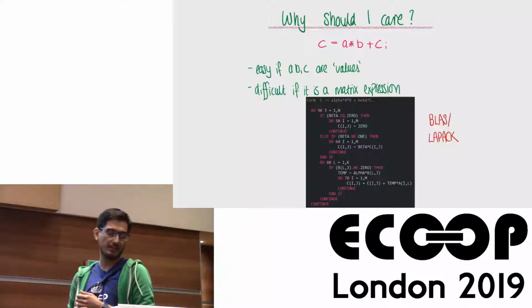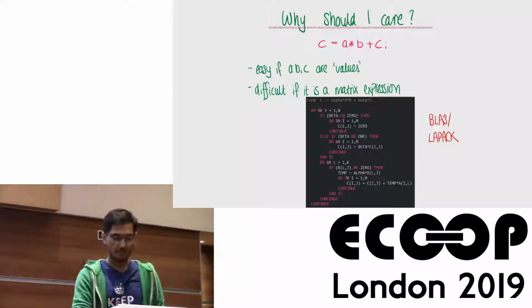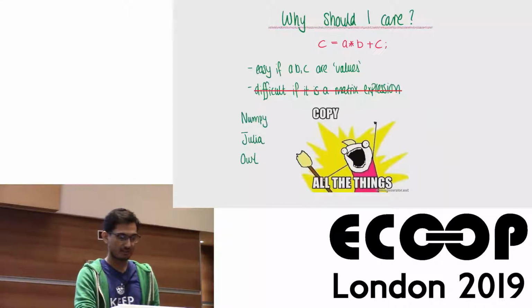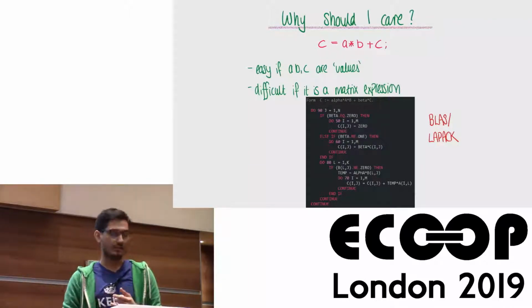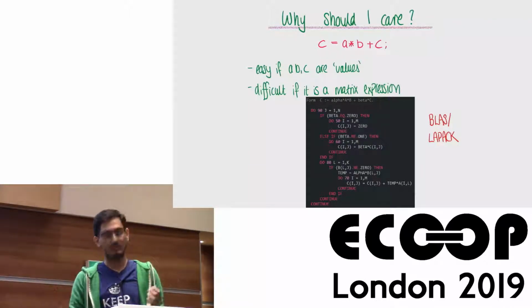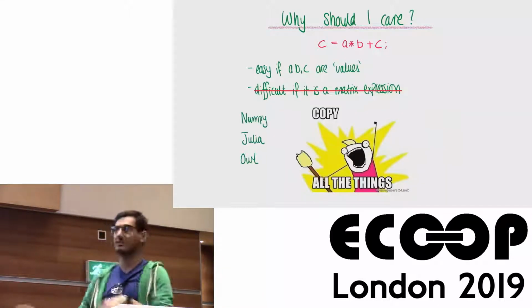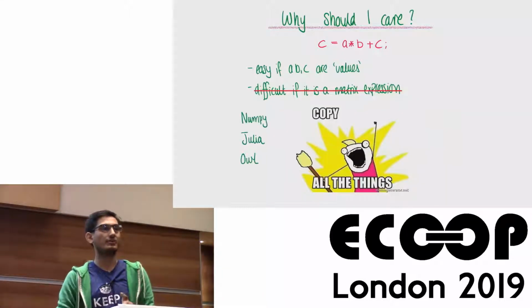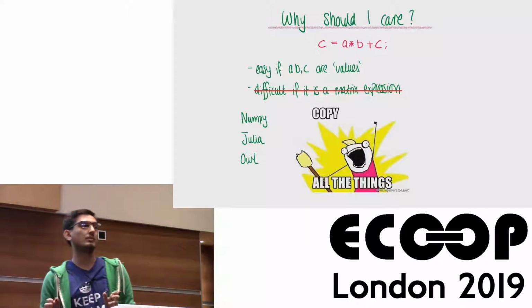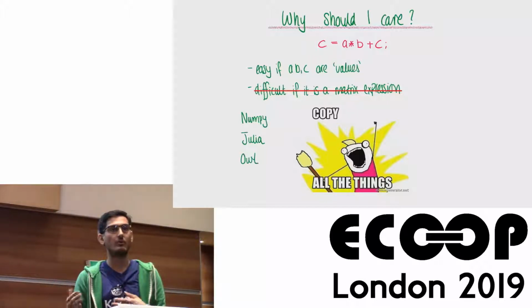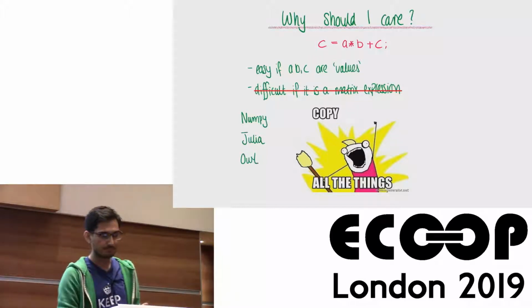And this is some Fortran code for that. But it relies on certain assumptions about aliasing, right? The easy thing to do would be to just copy everything, and this is what NumPy, Julia, and OWL for OCaml do. They say, we don't want to worry about aliasing and all these permissions, so we'll just defensively copy all intermediate expressions.